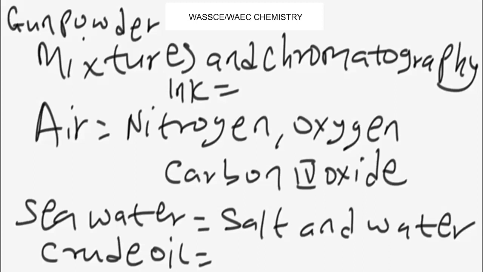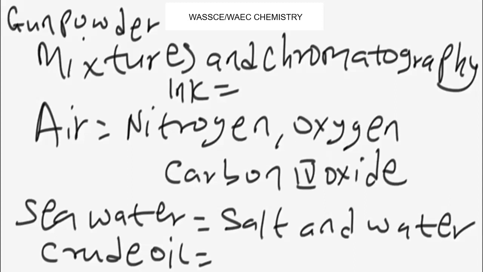Now, just like in a compound, there are some basic features of a mixture. One of the basic characteristics of a mixture is that it is not accompanied by a great heat, so there's no evolution of heat in the process of making a mixture. Again, a mixture is heterogeneous in nature, so it can be separated, just like air.